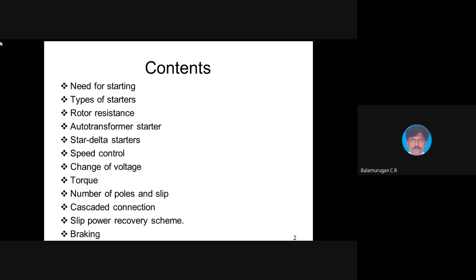For the squirrel cage, we have a stator resistance starter, auto transformer, and the third one, star delta starter. In the slip ring, we will have a rotor resistance starter.